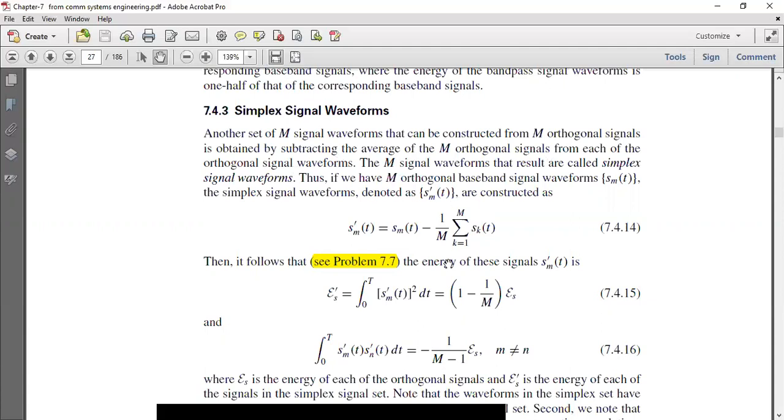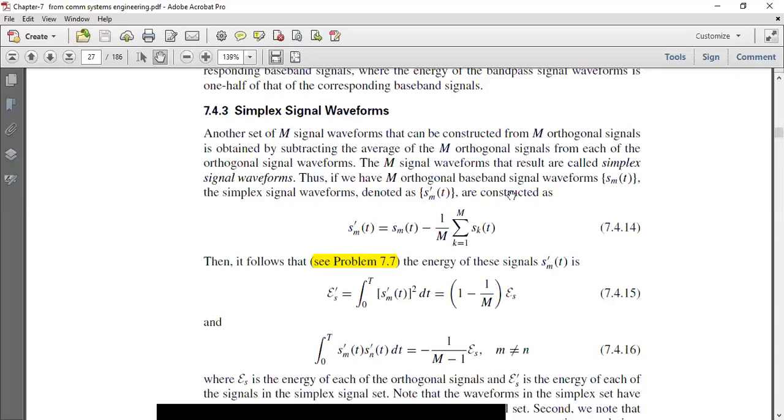So we take the previous Sm, subtract the sum over k equal to 1 to M of the signals divided by M, which is the average. We generate a new signal waveform.